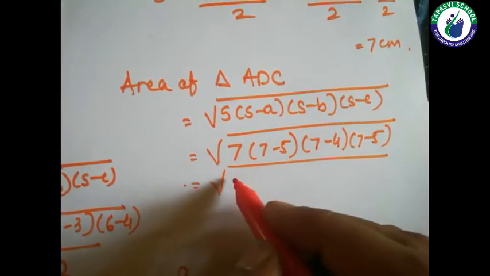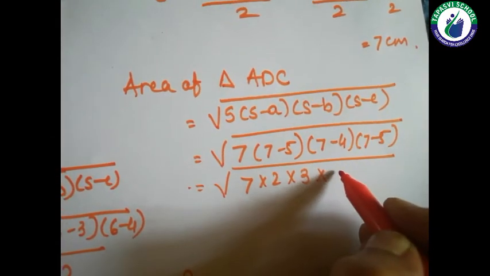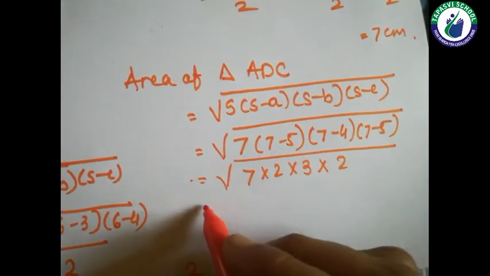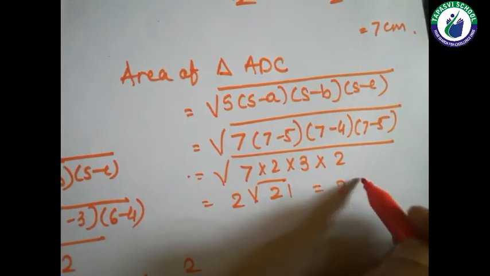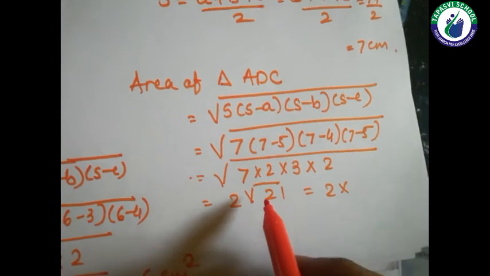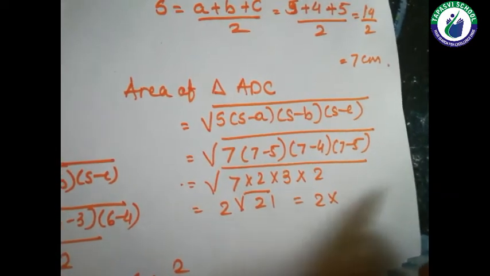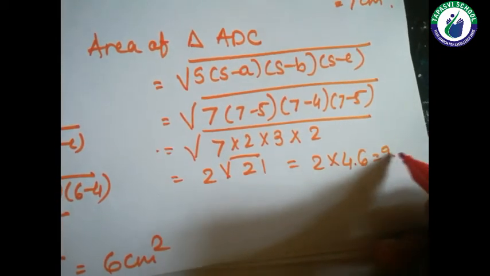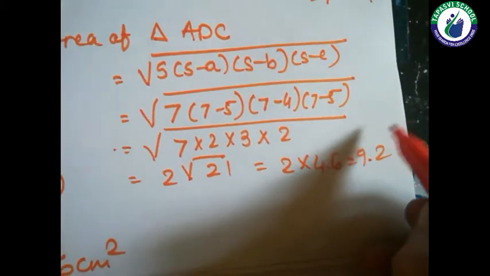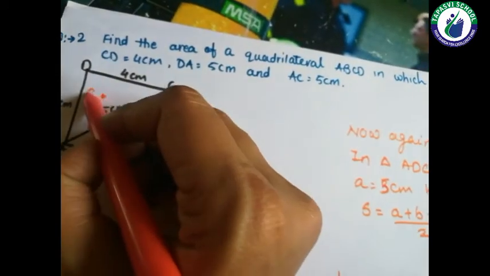So here 7, 2, 3, 2. So 2 times 7 times 3 is 21. Now by long division, find the square root of 21. That is 4.6. So 9.2 centimeter square will be the area of this portion.